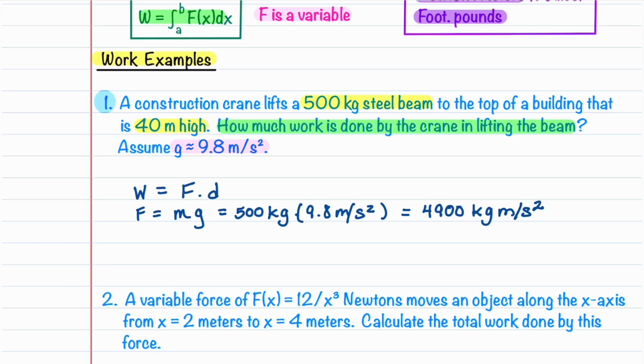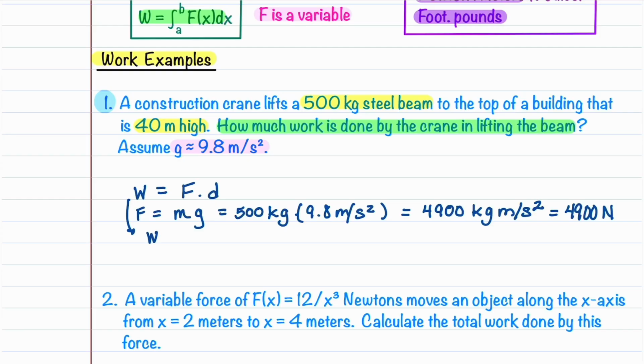It's standard to write these units in terms of newtons, and 1 newton is equal to a kilogram meter per second squared, so our answer we can write as 4,900 newtons. Let's now substitute what we just found into our equation for work.